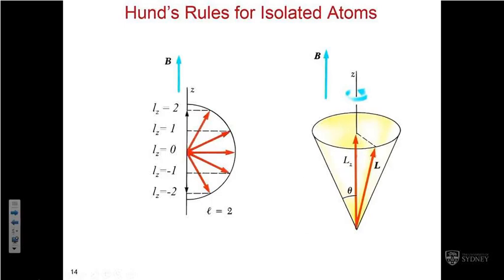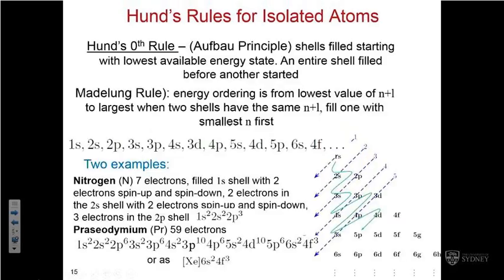I put that there just to give you a picture, which says 1,000 words, and it helps to visualize what these l and Lz look like or how they are thought about. Okay, so let's talk about Hund's rules.